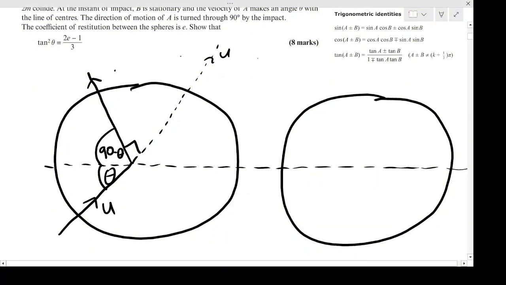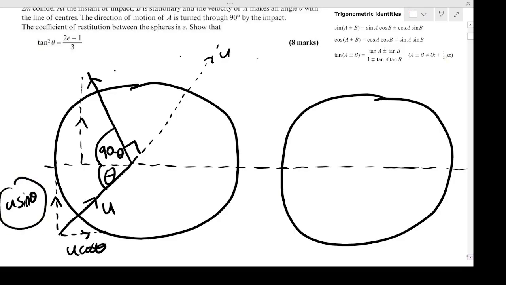Originally for A, we go up by u sine theta, and then to the right by u cos theta. Hopefully you're happy with those components, perpendicular and parallel to the line of centers. Afterwards it's going to go up again because it's perpendicular, still u sine theta.